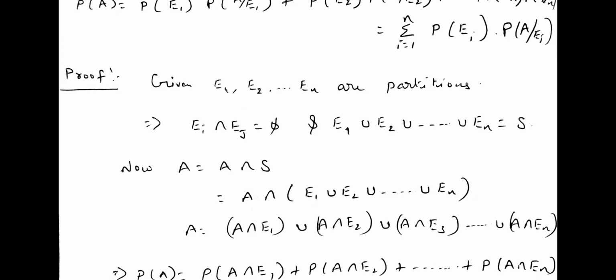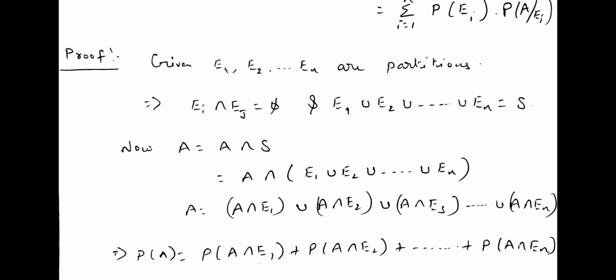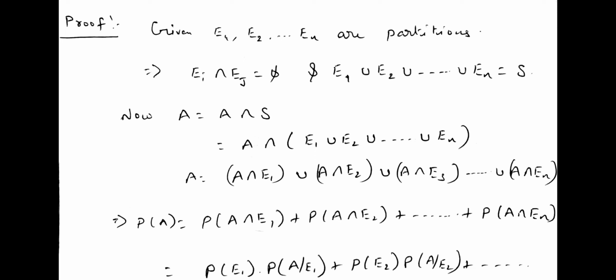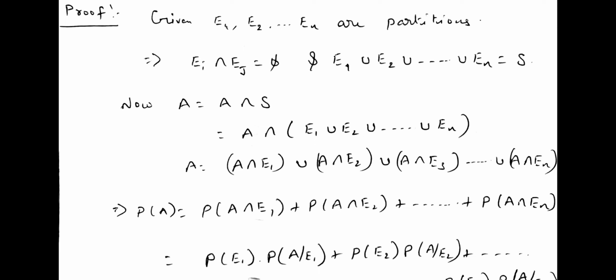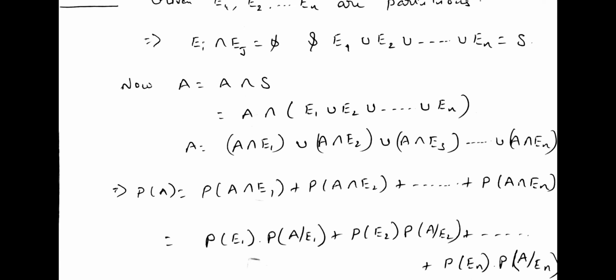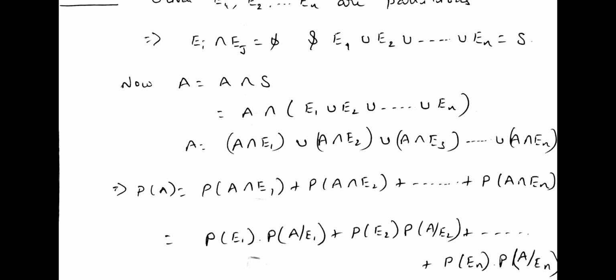A is A intersection S. So in place of S, you have to write E1 union E2 union so on union En. Then apply the intersection: it will be A intersection E1 union A intersection E2 union so on union A intersection En. Then take probability on both sides.